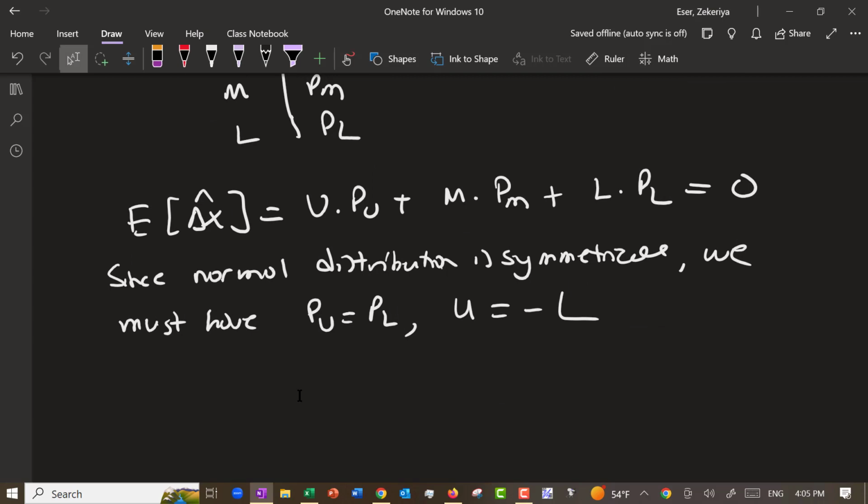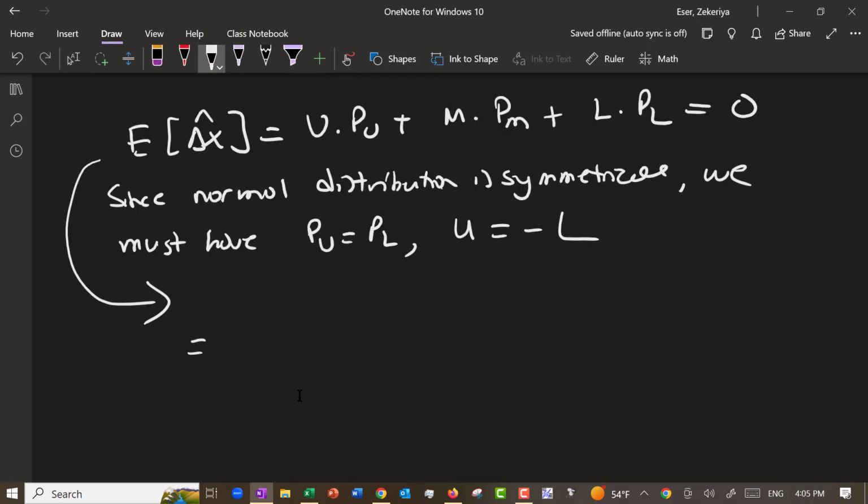So we have 1, 2, 3 conditions already, and this immediately says U equals negative L, right? So this is UPU plus MPM plus or minus, in this case, UPU.